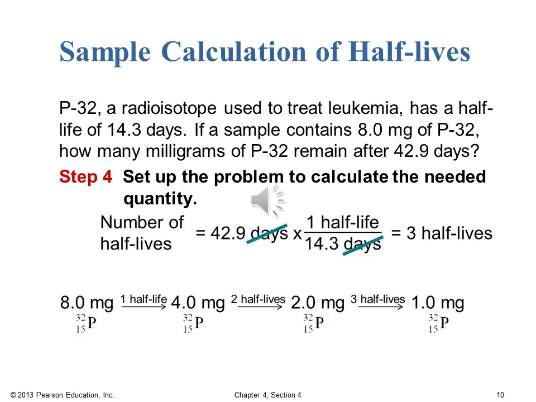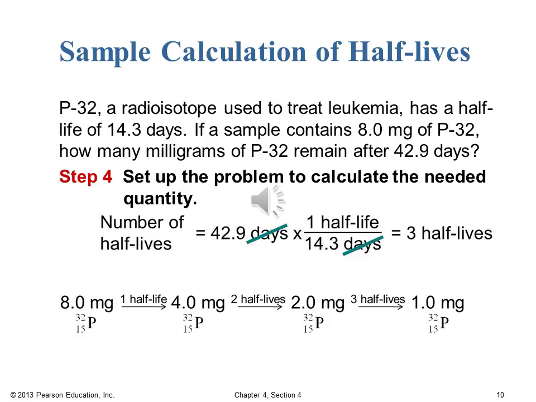So if we started with 8 milligrams, after 1 half-life, we would have 4.0 milligrams. Remember, 8.0 to start. Keep those sig figs in mind. The 3 for the 3 half-lives is actually 3.00 because of the 42.9 days and the 14.3 days.